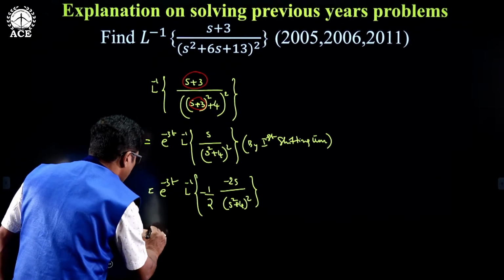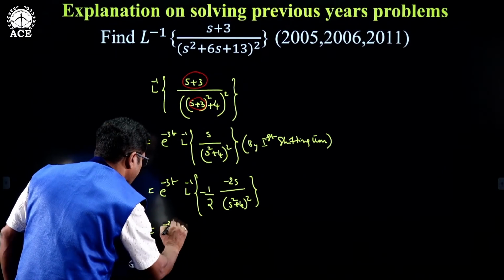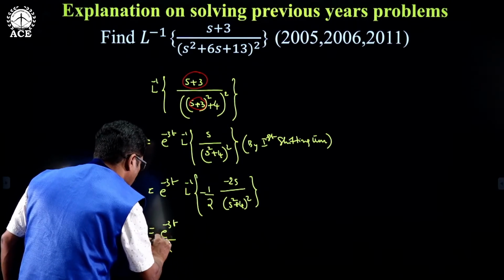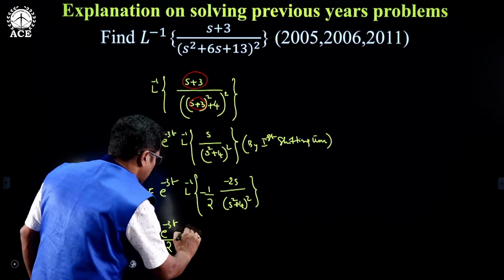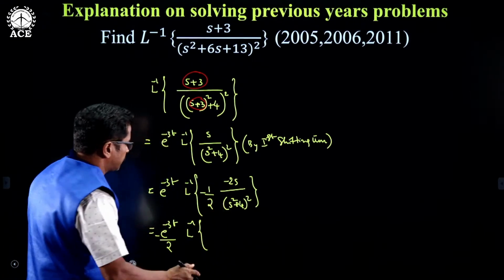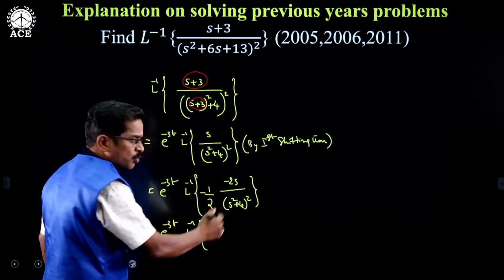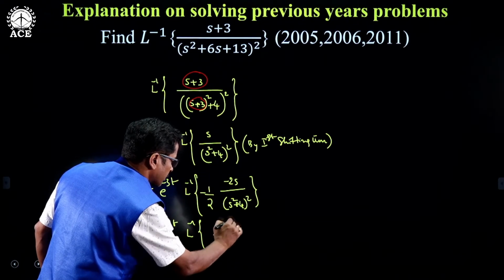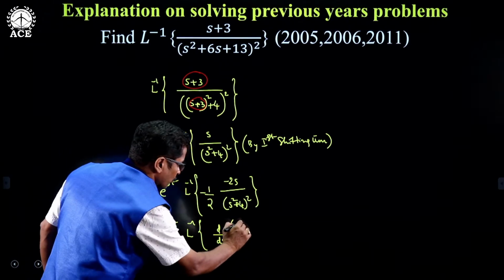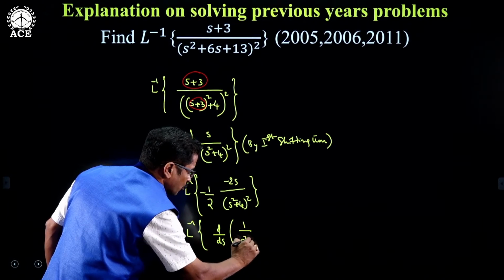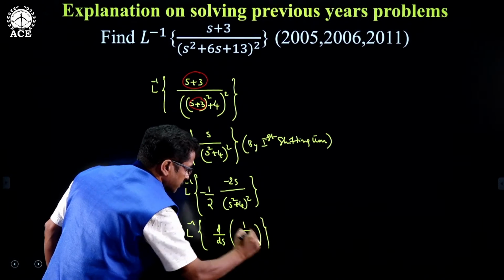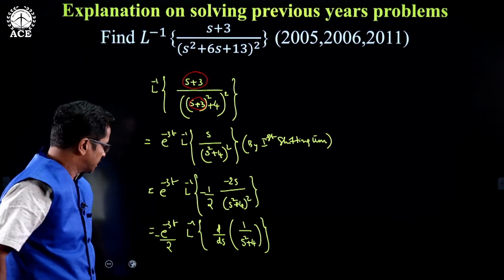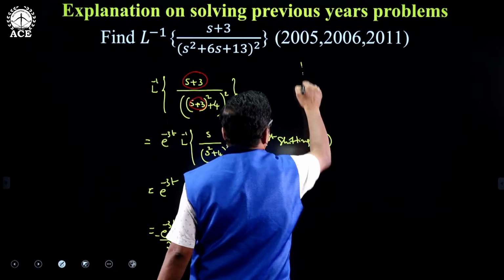So now which is equals to e power minus 3t, I will bring minus 1 by 2 outside, so e power minus 3t by 2 followed by minus L inverse of minus 2s by (s square plus 4) whole square, which I can write as d by ds of 1 by (s square plus 4).